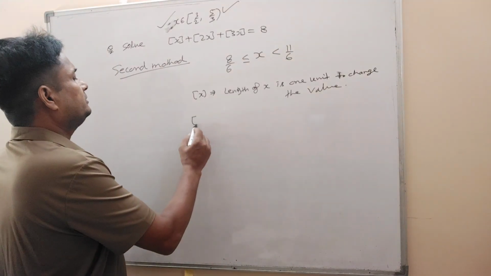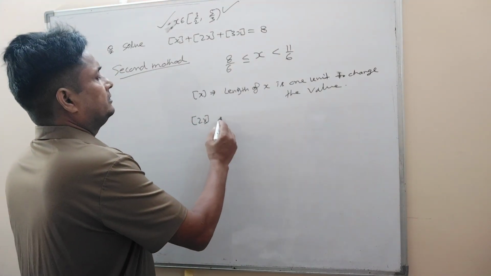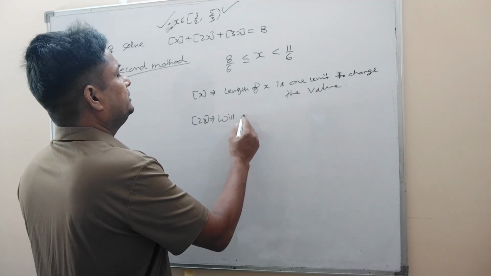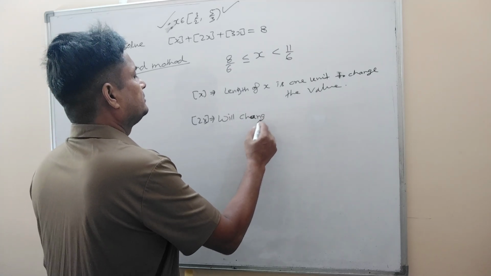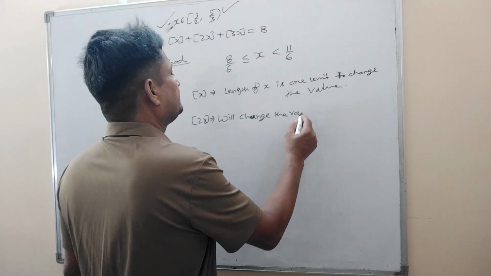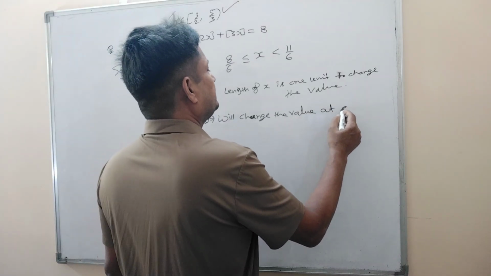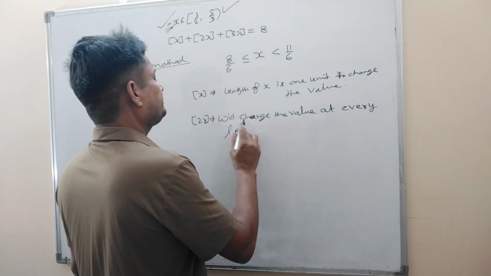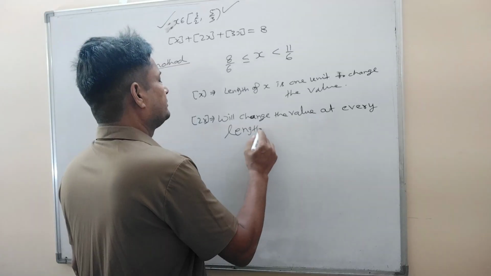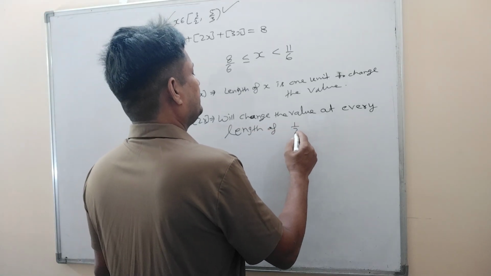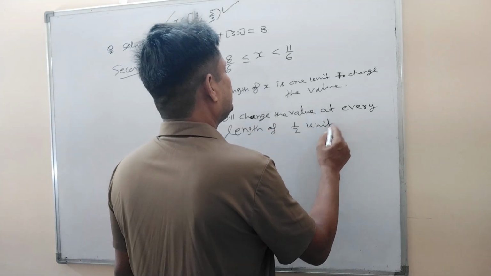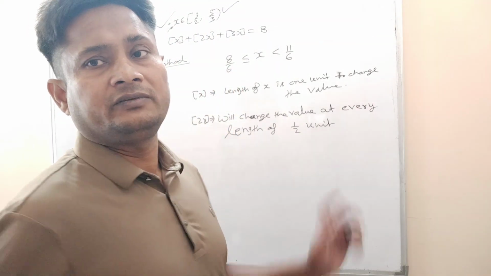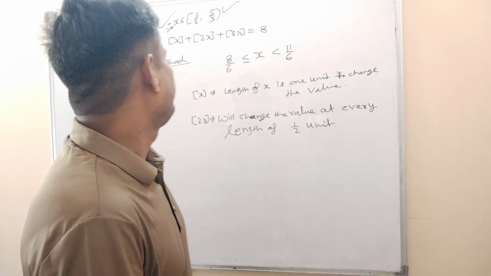And greatest integer of 2x will change the value at every length of 1/2 unit, right? If you add 1/2, next 1/2 it will change the value, right?